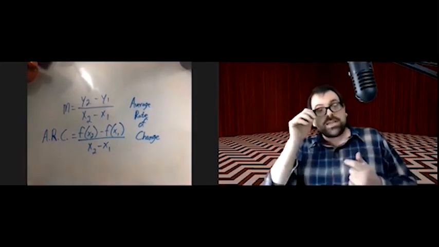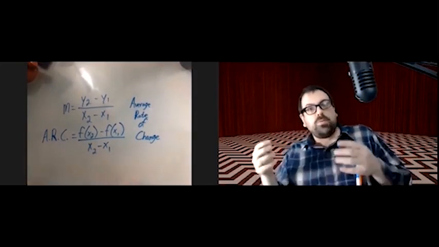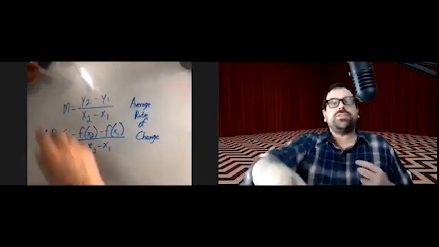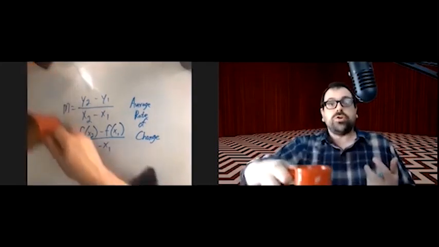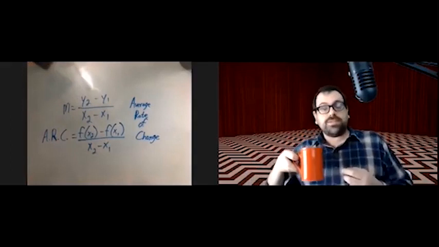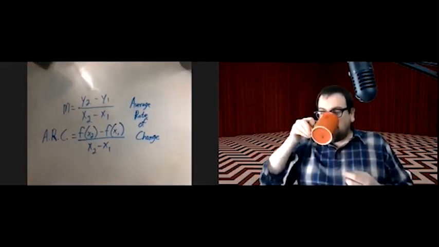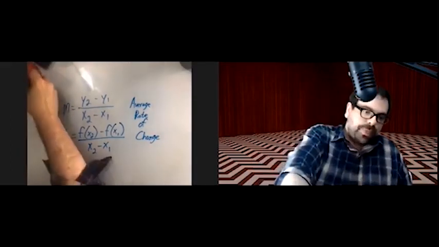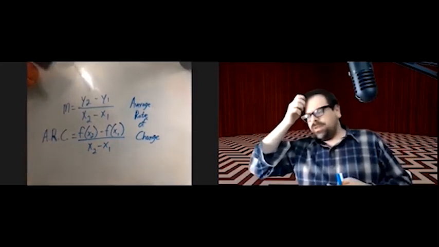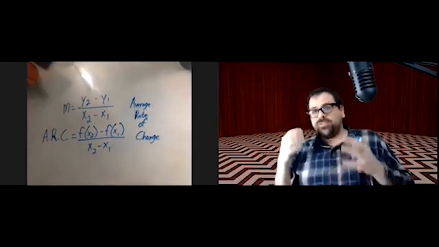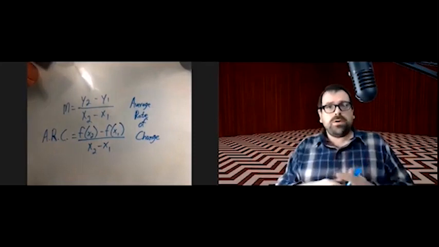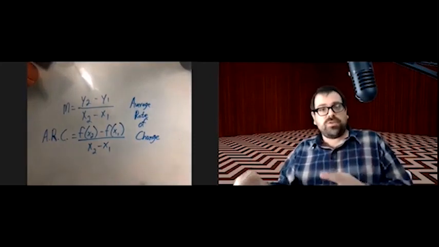Well, we just talked about piecewise functions, and when we were doing the piecewise functions, we graphed two linear functions, two lines. Now, lines have slope, and we used the slope of those lines.